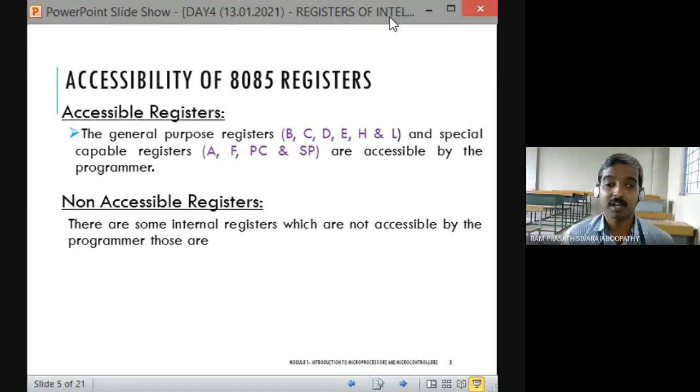Say for example, if we want to put some data in the accumulator, what instruction did we say? Do you remember? If we want to put some data in the accumulator register, we taught a sample instruction. Do you people remember? Okay, fine.